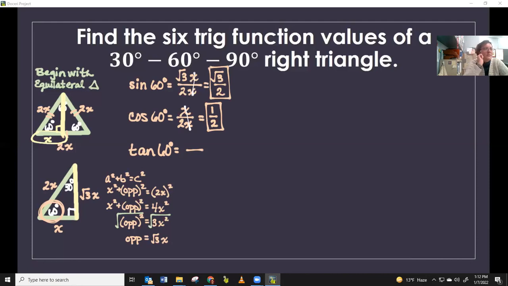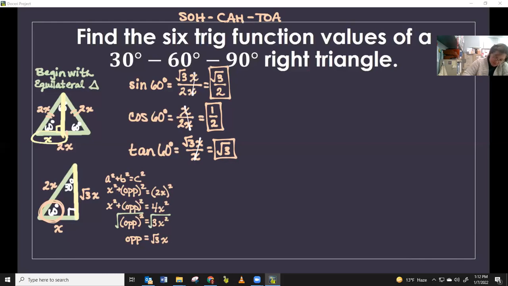Opposite over adjacent. Write down SOHCAHTOA for us. Yes, it will come out to just be square root of 3 because I'm going to have square root of 3x over x, and then that's going to reduce, leaving me just square root of 3. Awesome.